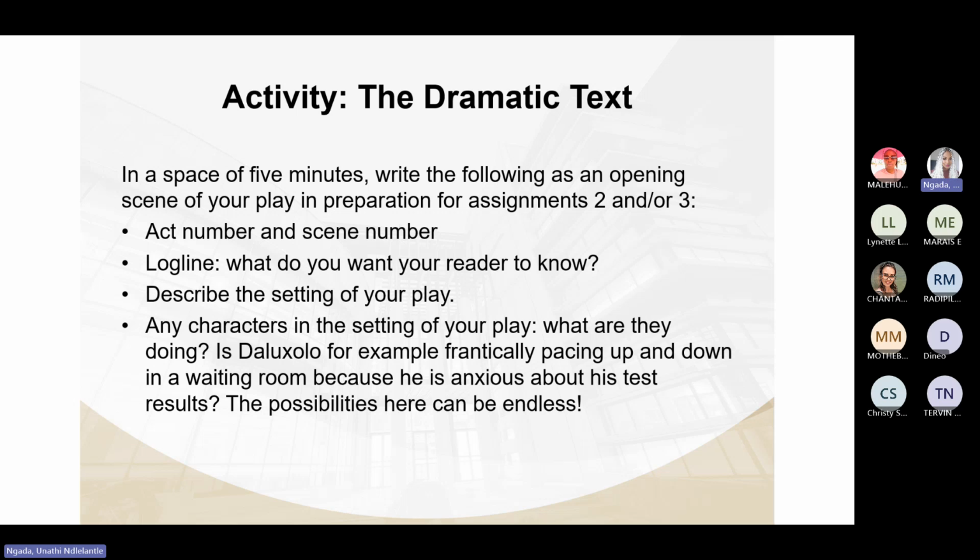Very interesting. So we have a comment by Maria. From this task, she wrote the following: Act 1, Scene 1. Log line: Sometimes dreams are killed by those who are supposed to nurture them. Very, very intriguing, by the way.